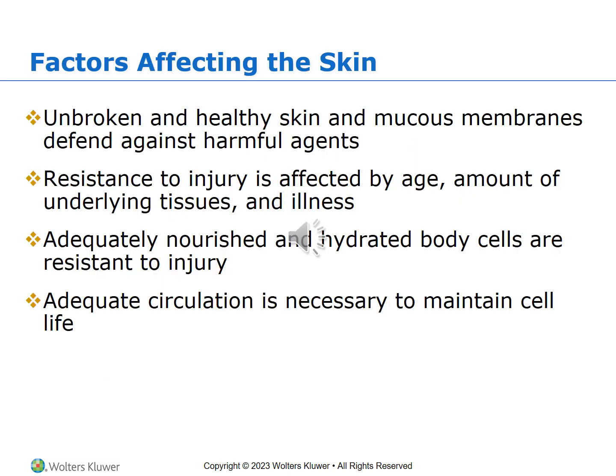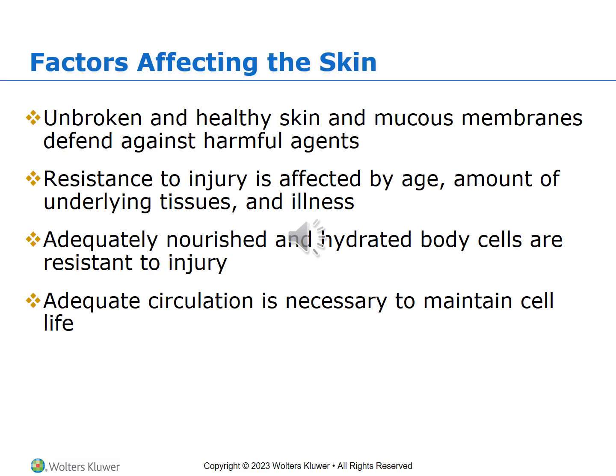So always make it a point to know the factors that affect the topic that we're studying. So this is on page 1152, factors affecting the skin. So we have 4 bullets here. Unbroken or healthy skin and mucous membranes defend against harmful agents.